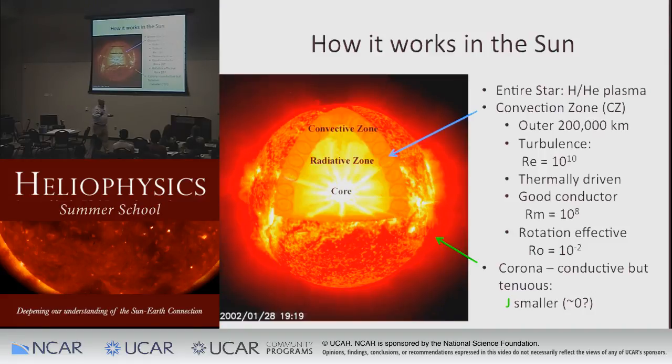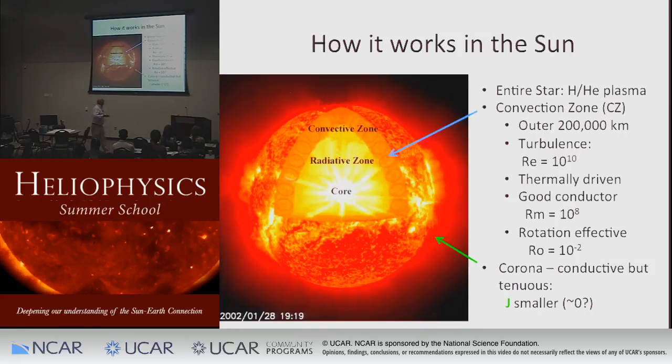Now, of course, we're going to get to stars, and there are cool stars where the convection zone is very, very deep. In fact, stars that are cool enough that the whole thing is a convection zone. It has no tachocline. Those things generate wicked strong magnetic fields. So that's one of the reasons people often say, maybe this idea of the tachocline being so important is not exactly true.